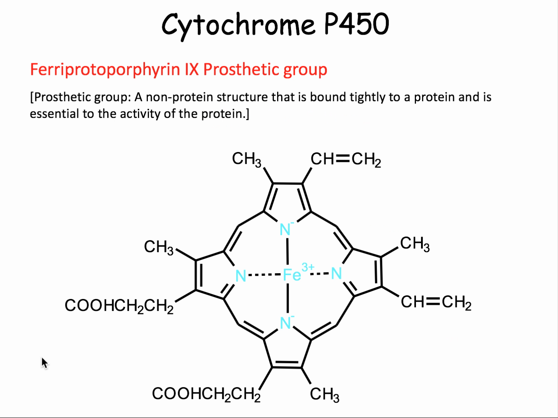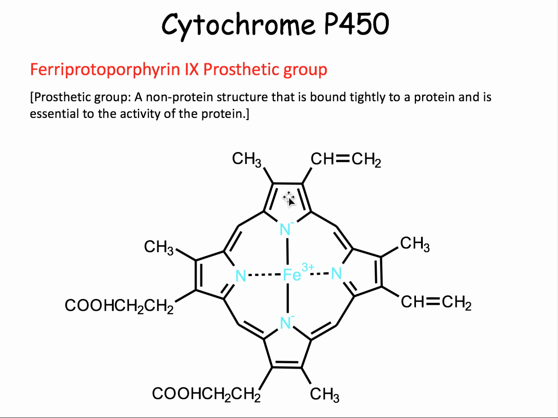So cytochrome P450, here you have the iron atom in the middle, surrounded by the 4 nitrogens, the porphyrin ring, and the outside is basically what's known as the prosthetic group here, which I'm circling around. The prosthetic group is defined as a non-protein structure that is bound tightly to a protein and is essential to the activity of the protein.